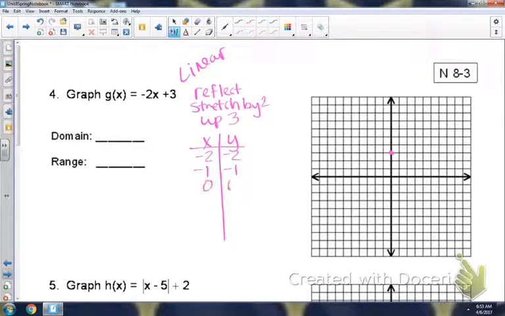-1, 0, 0, 1, 1, and 2, 2. So we're having to reflect, which changes the sign, and we're having to stretch by 2. So basically you're multiplying by that -2 in front. The 0, 0 doesn't change.